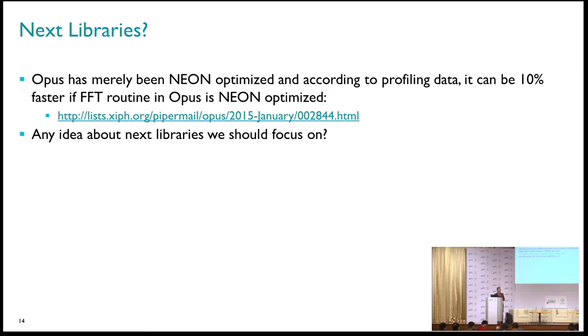And so I'm pretty sure it was worth the effort to Neon optimize Opus. Do you have any idea which libraries we should focus on? Any suggestions?